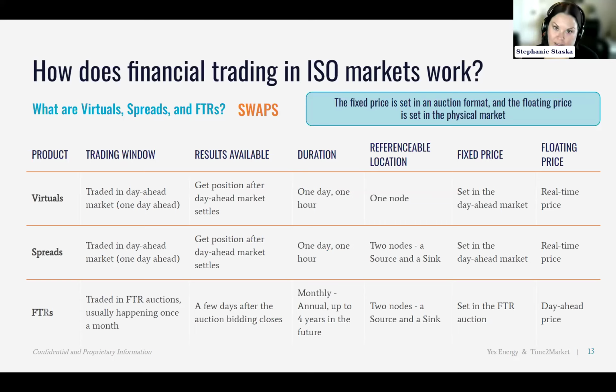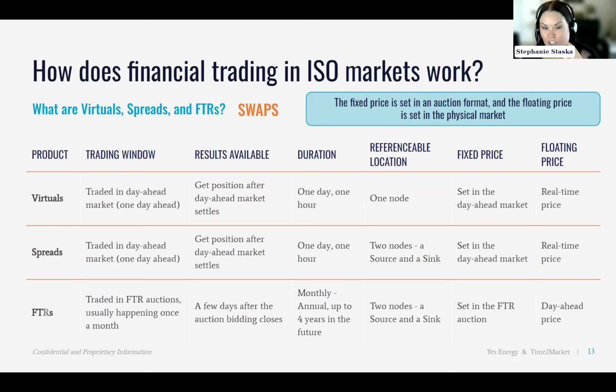Now, a spread. We will often refer to virtuals and mean spreads also, but it will be implied. So many times in this presentation, if you hear the term virtual, spread is implied, but it is inherently a different type of product. A spread is a paired virtual buy and a virtual sell. But you don't have to worry about only clearing one half of it. You bid it as a pair into the day ahead market, and you'll clear it as a pair, if indeed you clear it.